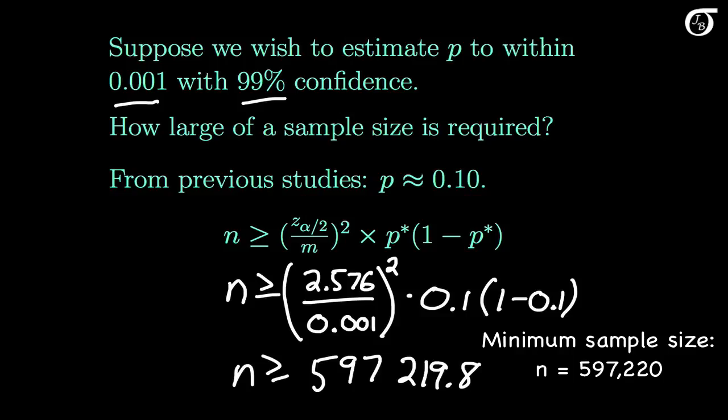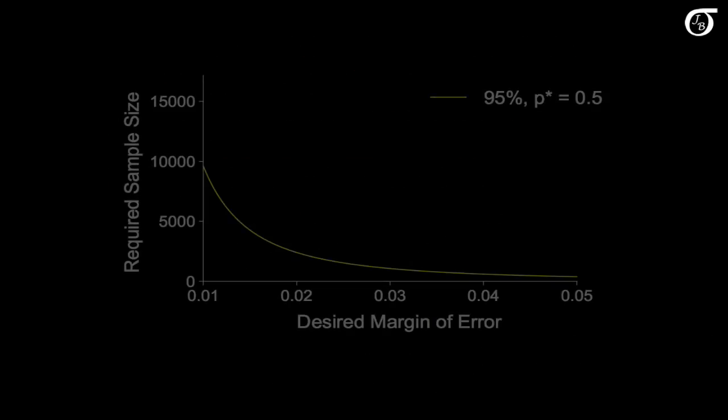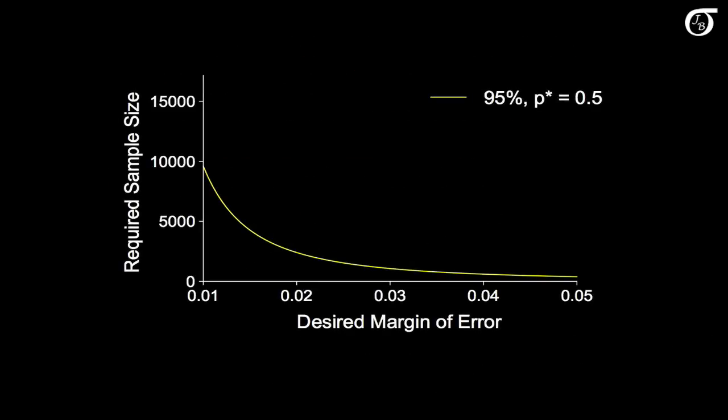Now let's look at a few plots to illustrate the effect of the desired margin of error and confidence level on the required sample size. In this first plot, I plotted the minimum required sample size against the desired 95% margin of error. I used the p-star value of 0.5, so this is an illustration of the values from the first example.